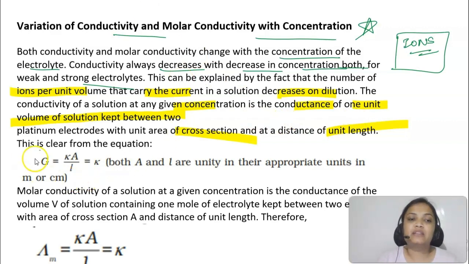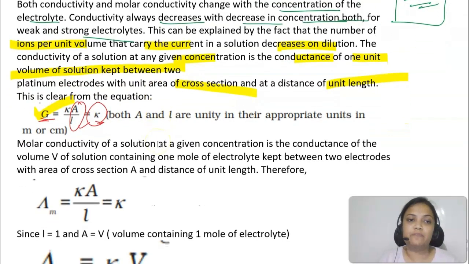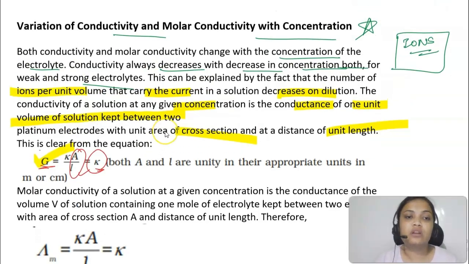From here you can see that conductance is equal to kappa into A upon L. Now A and L are unity, so the conductance is equal to the conductivity only. So this is about the variation of conductivity with concentration.